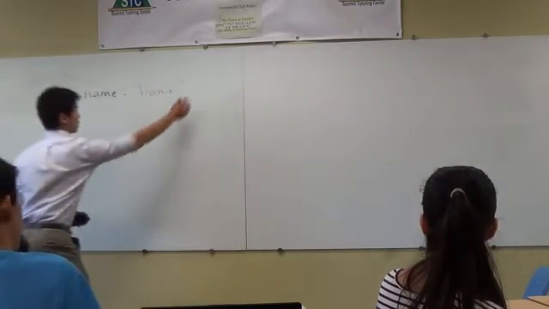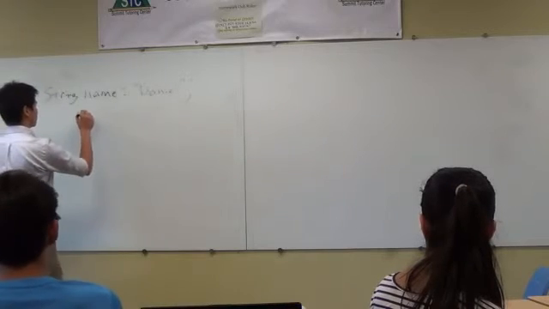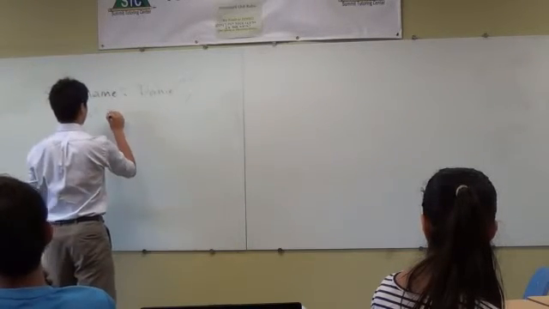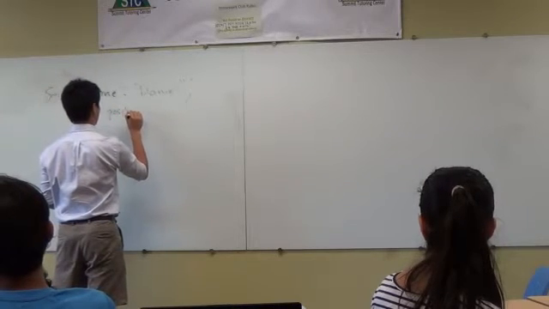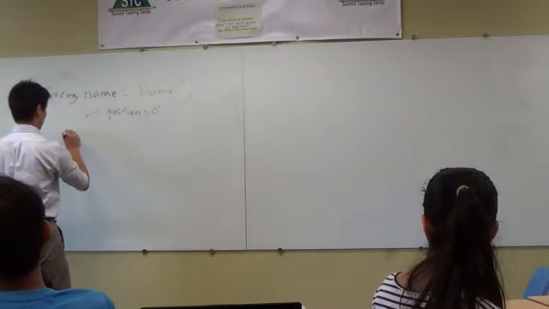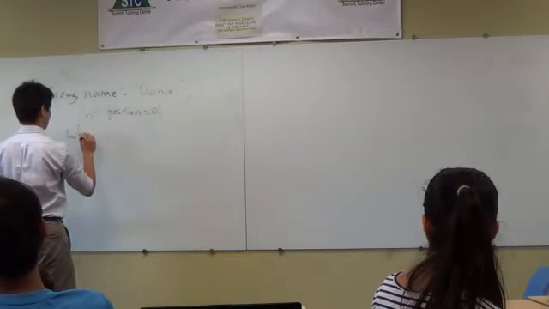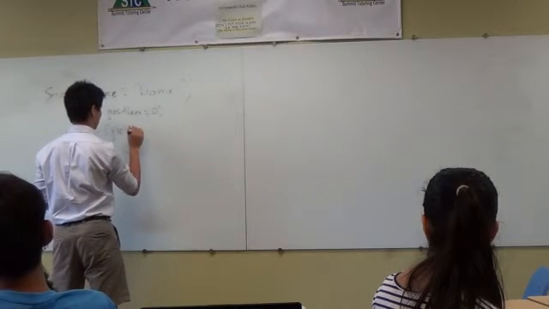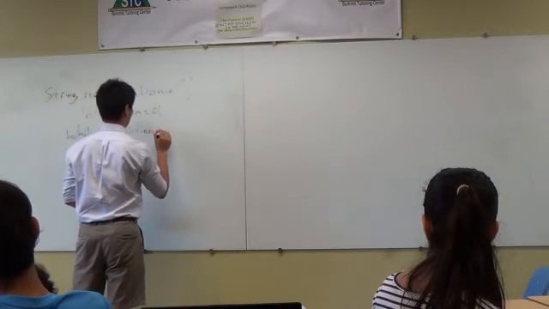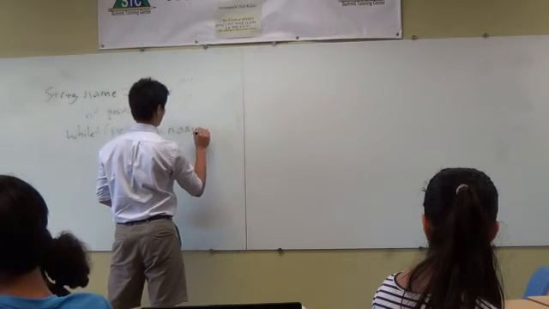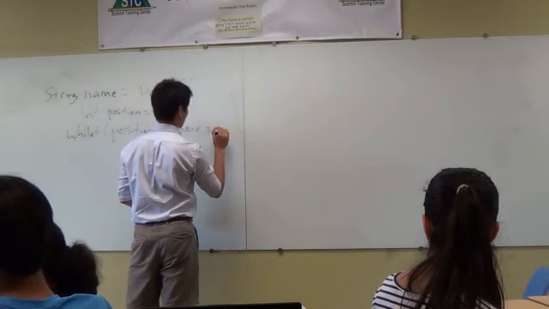Okay, so I've got that, and then next I need to create position equals 0, and then while... I'm going to have you guys read this and then figure out why this works.